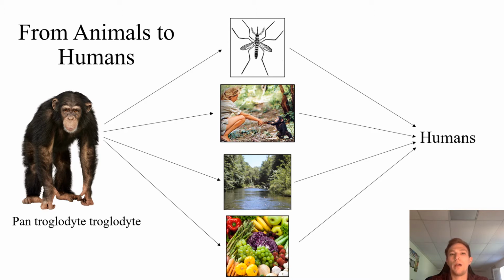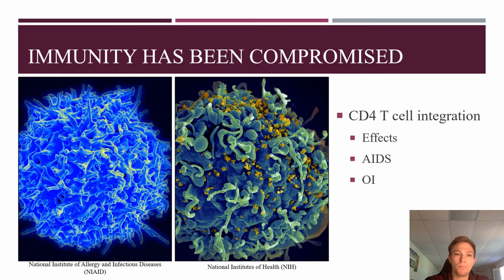So after transmission, what effects does HIV have on the body? HIV affects the immune system, in which it seeks to compromise the host immune system. It does so by targeting CD4 T cells.